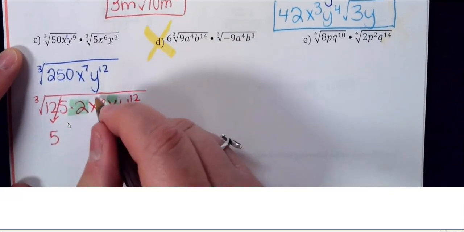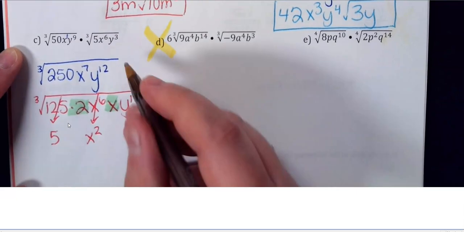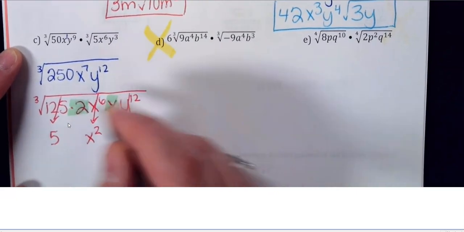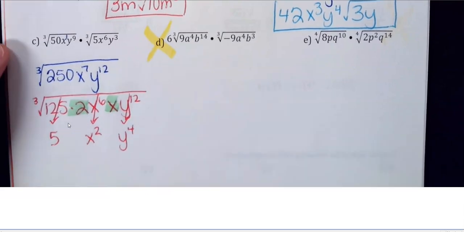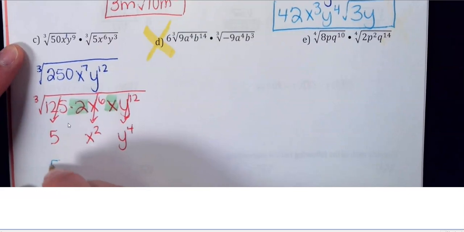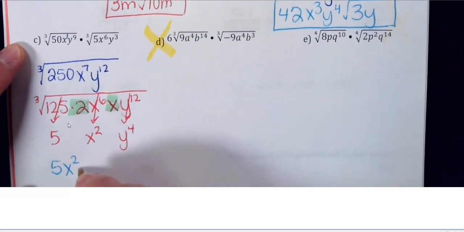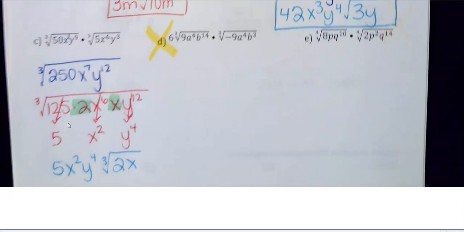And x to the 6th, 6 divided by 3, this would come out as x squared. Y to the 12th, 12 divided by 3 would be 4, so y to the 4th. Everything I pull out in front, I'm just going to write it in front of the radical with multiplication. 5x squared y to the 4th, and then cube root left underneath a 2 and an x.